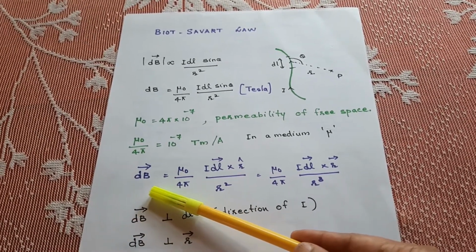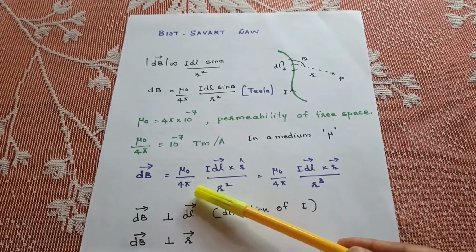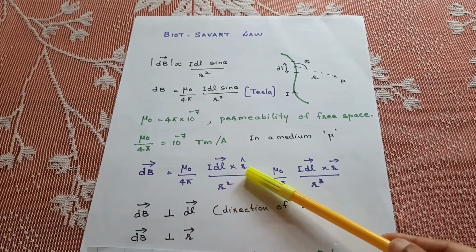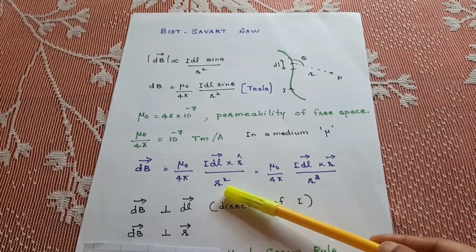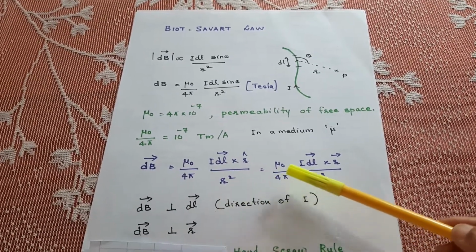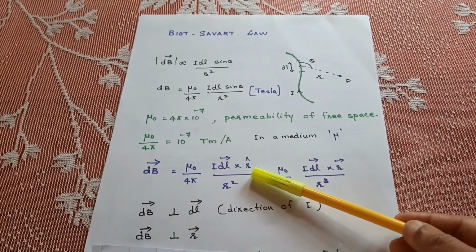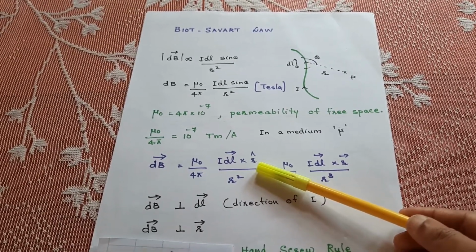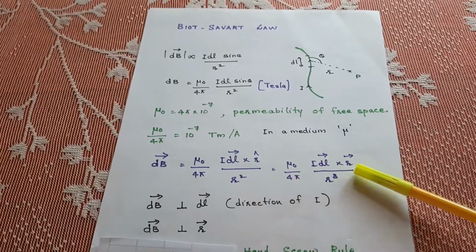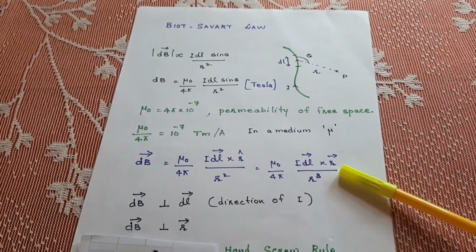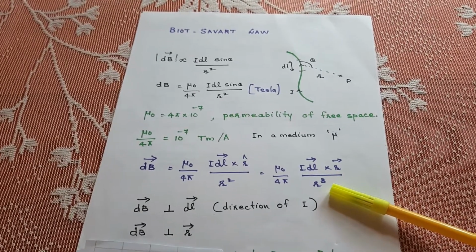Vector dB is equal to mu 0 by 4 pi I dl cross r cap by r square. The vector r cap is vector r by its magnitude, so it can also be expressed in this form: I dl cross vector r by r cube.